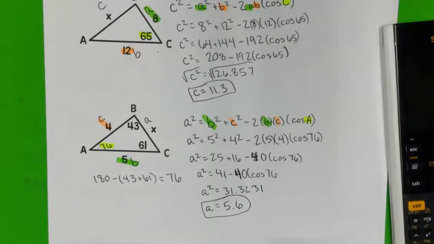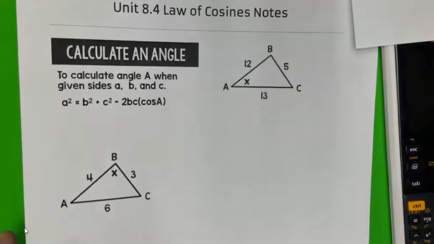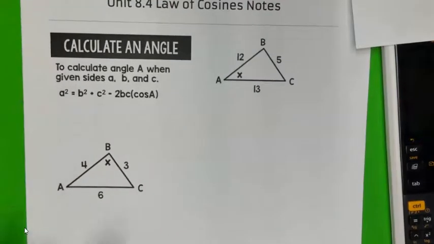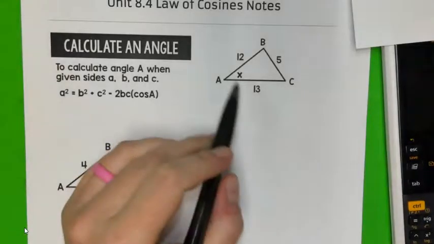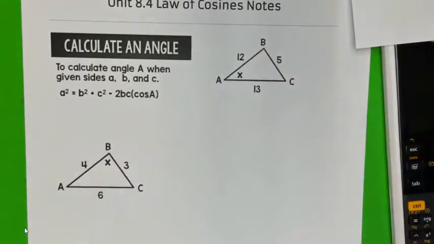Now we're moving on to angles. In this case, we're calculating an angle. We are given the 3 sides. So you have to have the 3 sides, and you're calculating one of the angles.